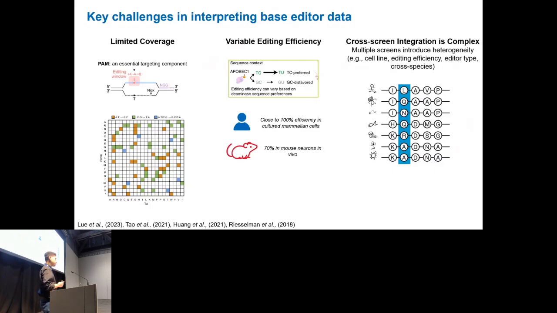Without this PAM sequence, such as NGG here, the base editor cannot recognize the target sites. So we need this kind of PAM sequence to modify it. As the base editor is also chemically modifying the amine group from the bases, we cannot get all 20 different types of mutation outcomes. So there are definitely coverage limitations.